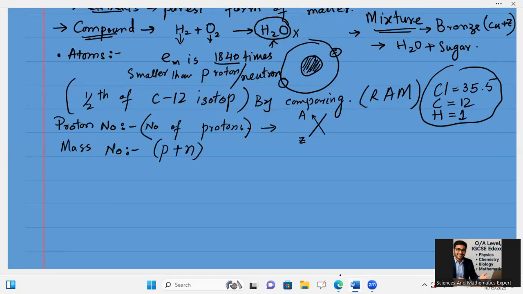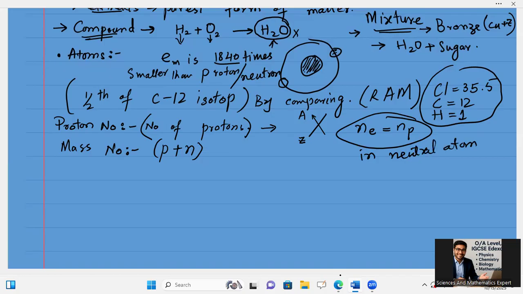As we know, an atom is overall neutral when it is not losing any electron, so the number of electrons is always equal to the number of protons in a neutral atom.